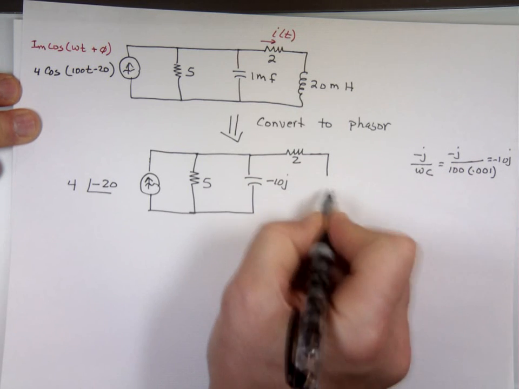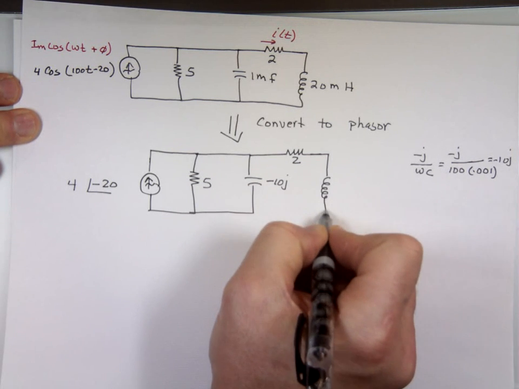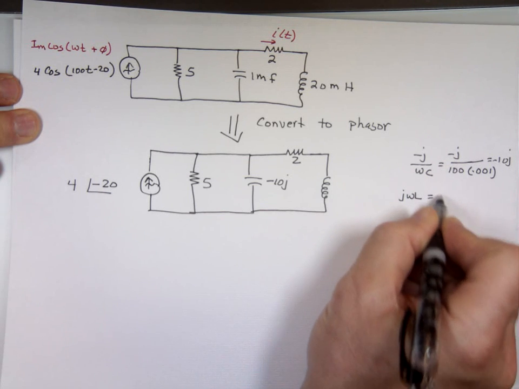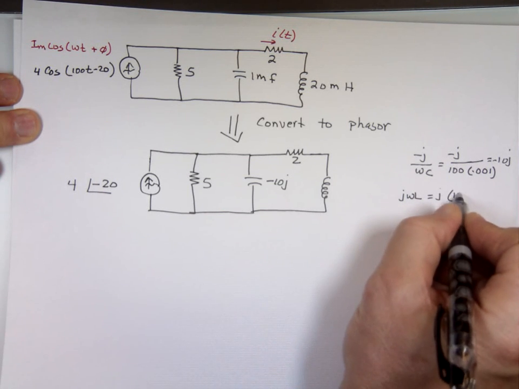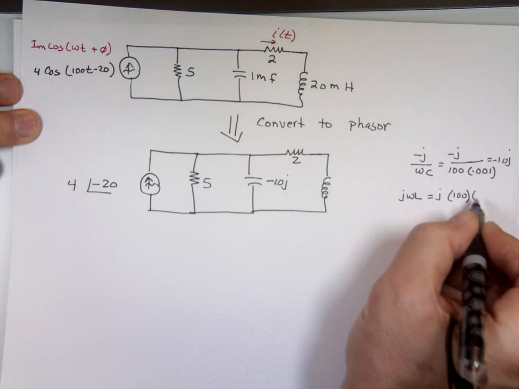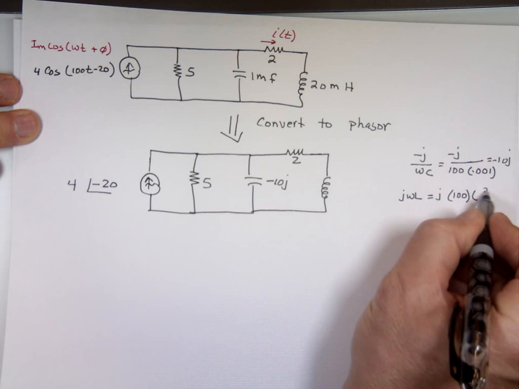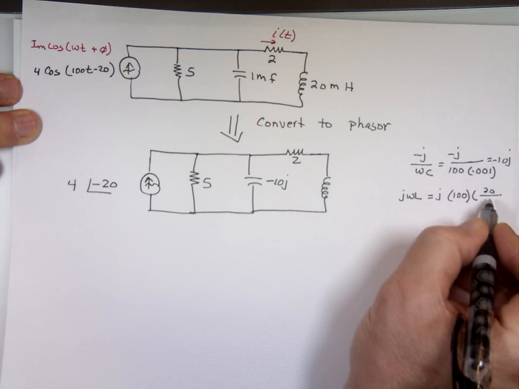The inductor is what? J omega L. Omega is 100. L is 20 milli. What's that? 0.02? 20 over what? 20 over 1,000.